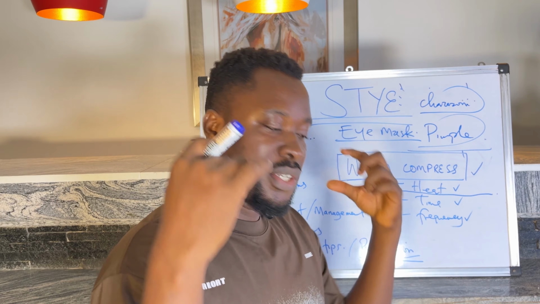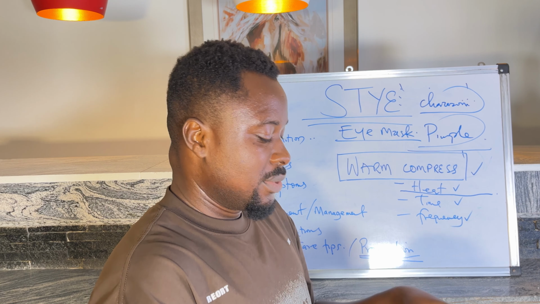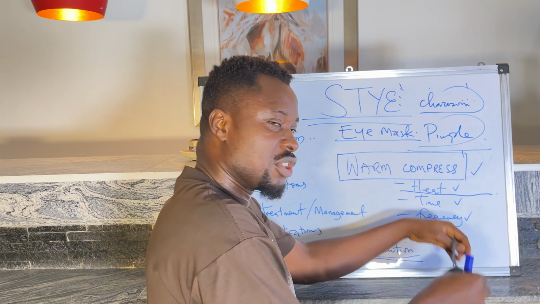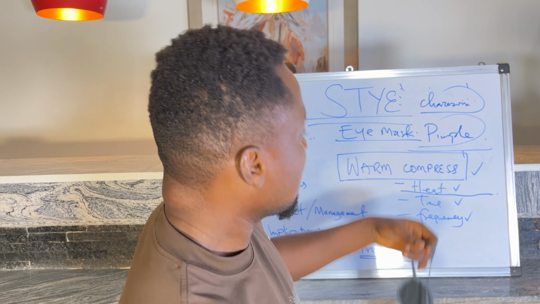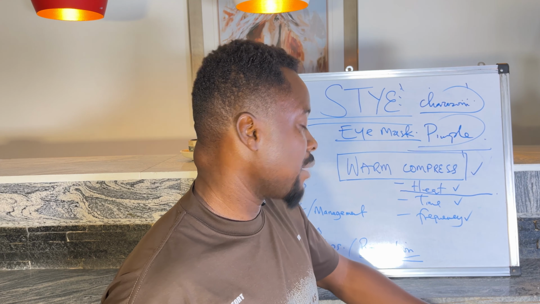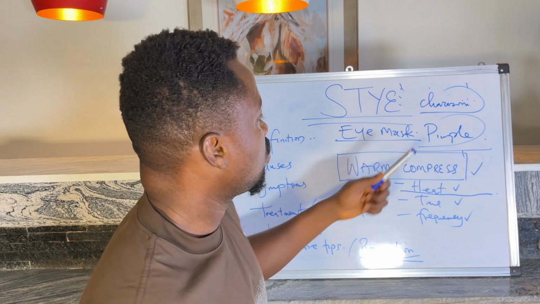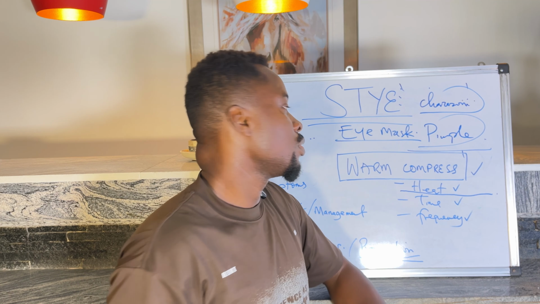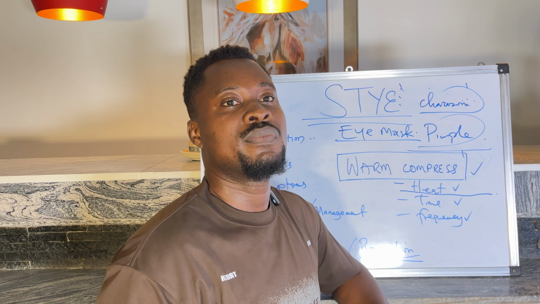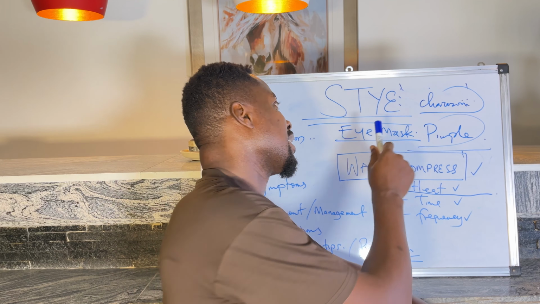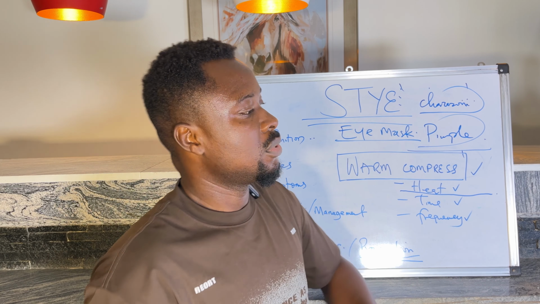Then wear it on your eyes for 10 minutes, 15 minutes, 20 minutes. Then you can remove it, heat it up again, wear it back. This is more preferable and probably should give the desired result which we desire from this process. So if you have been using a washcloth, you can upgrade to an eye mask so you can get the desired result.